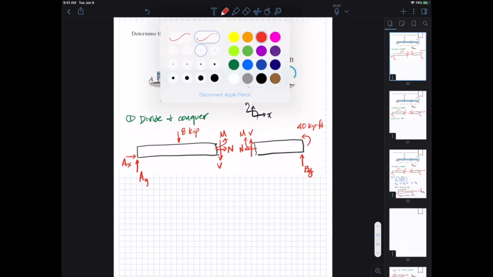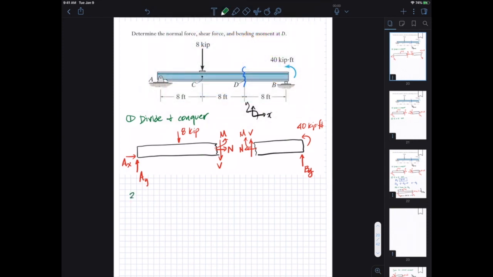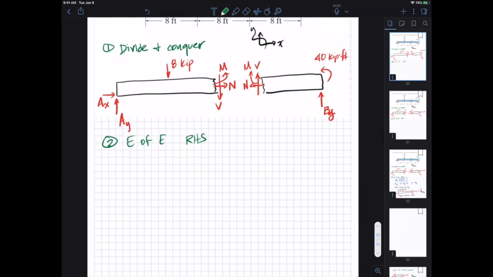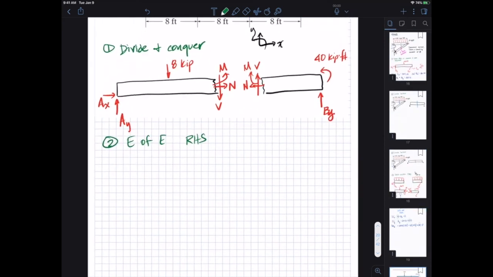So based on that, we can go ahead and write out our equations of equilibrium for the right-hand side. We can see that our sum of forces in the x direction, minus N equals 0.